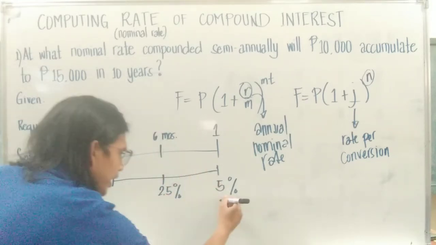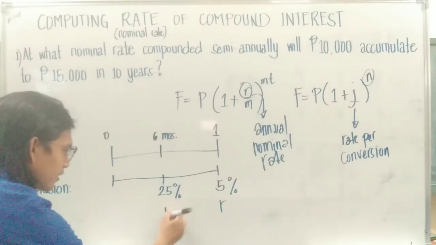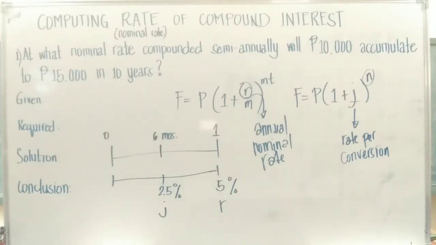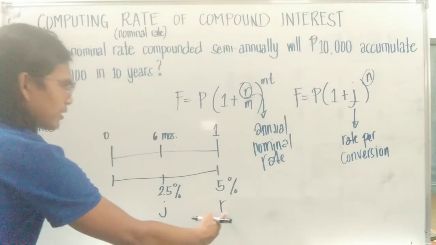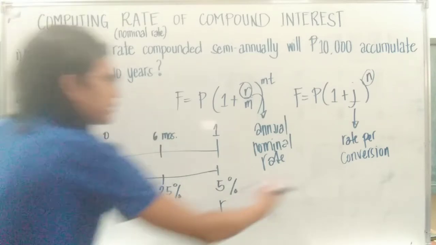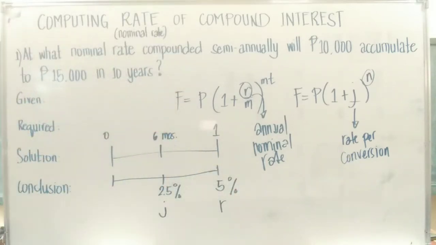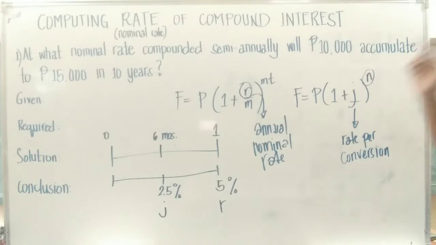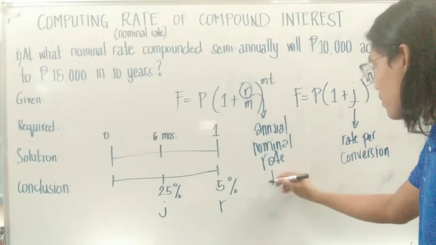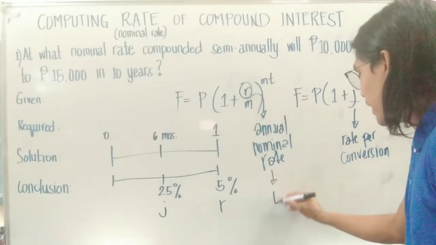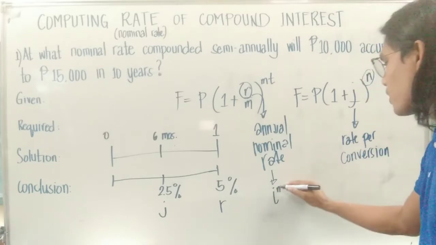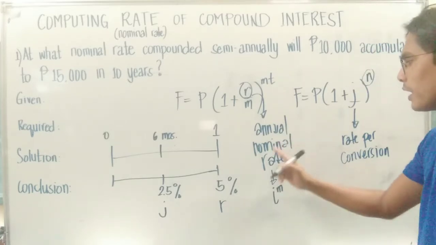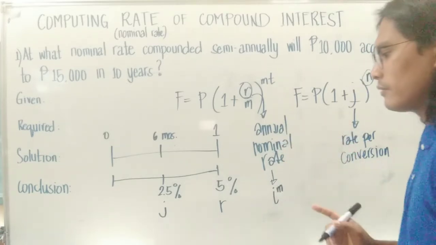So this is your R, and this is your J. Again, this is your annual rate, and this is your rate per conversion J. I have explained this on the other videos. Again, in other books, R is denoted by I raised to M as your nominal or annual rate.